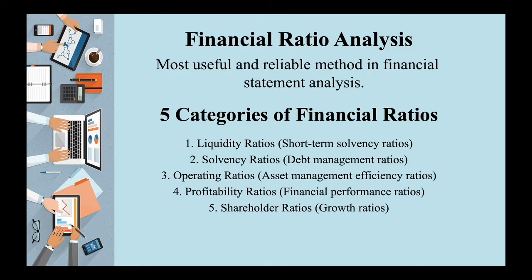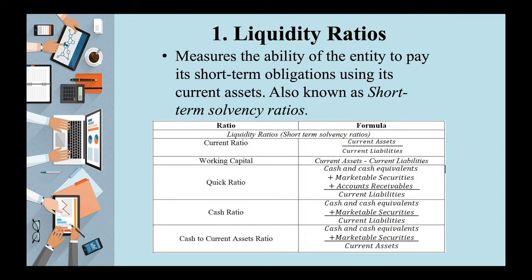Mamaya, I will explain them step by step and isa-isa din. Operating ratios or the asset management efficiency ratios. For the fourth one, we have here the profitability ratios or the financial performance ratios. Next, the last one, we have the shareholder ratios or the growth ratios. First one, let's discuss first the liquidity ratio.